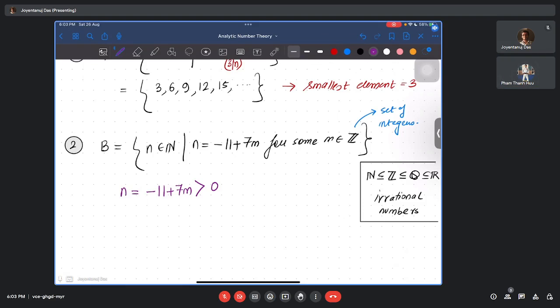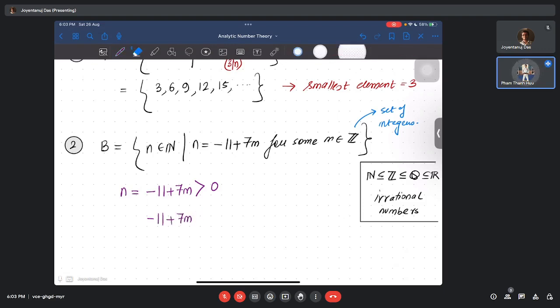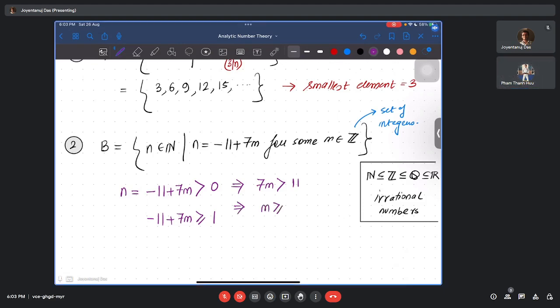So greater than or equal to one. So n is greater than 2, and m has to be greater than or equal to two, right?